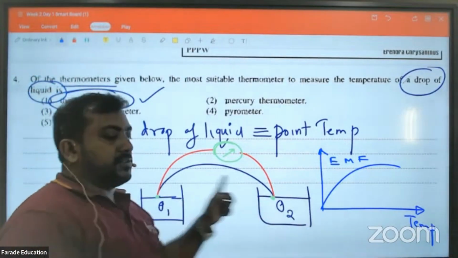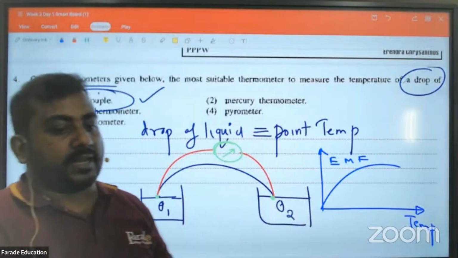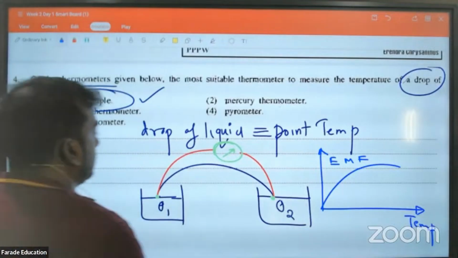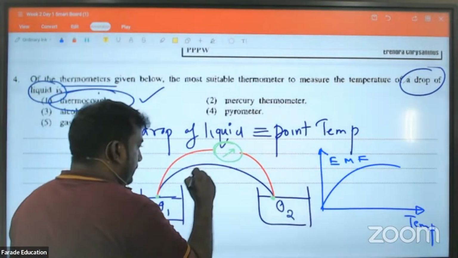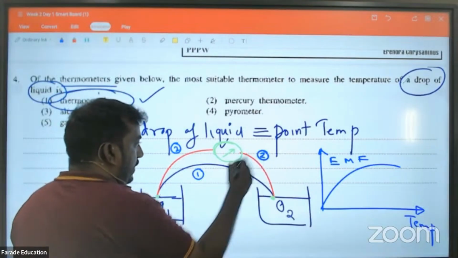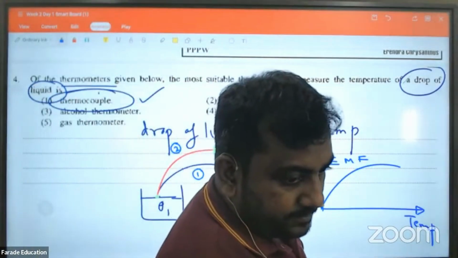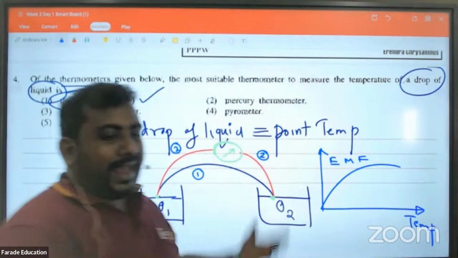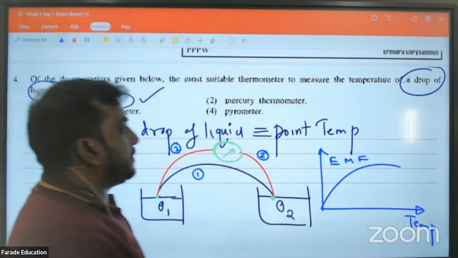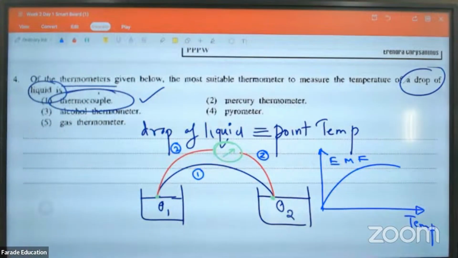A thermocouple is used to measure point temperature because two different metals at two different temperatures will produce an EMF.